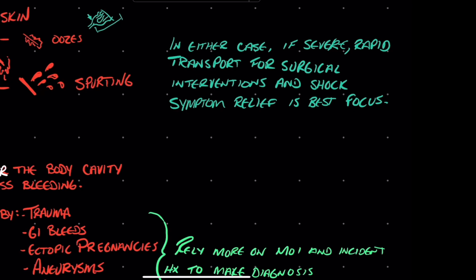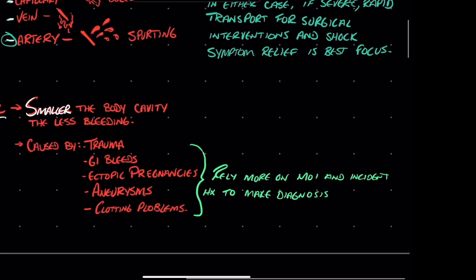I added also down here, when we're looking at internal bleeds, relying on the mechanism of injury and incident history, those are going to be the best pieces of information we have to lead us towards a diagnosis, deciding what kind of injuries they might have, whether internal or external.